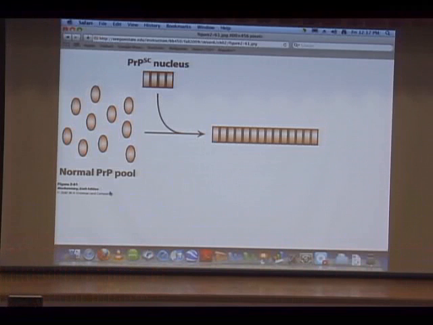Yep. Yes? So are these already folded proteins that are then refolded into the different shape, or is it just new ones? Well, it's kind of a hard question to argue, because once you get one, it keeps making more that do that. So did it start out okay and then flip, or did it misfold on the way to being okay?